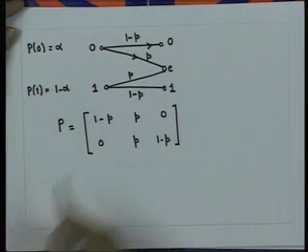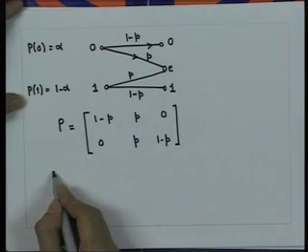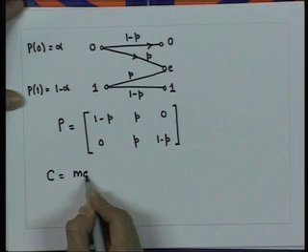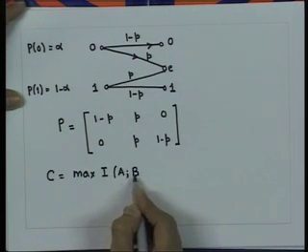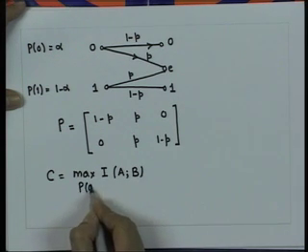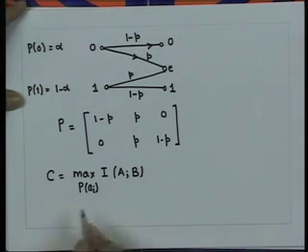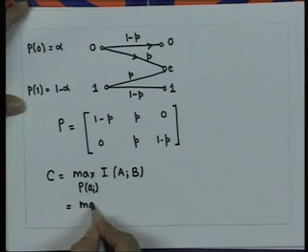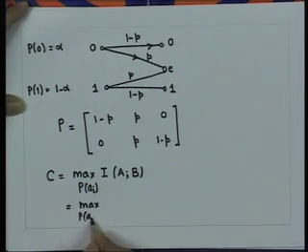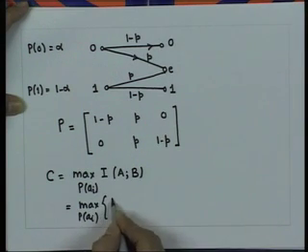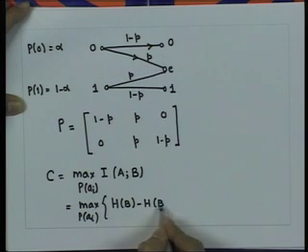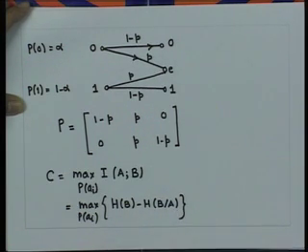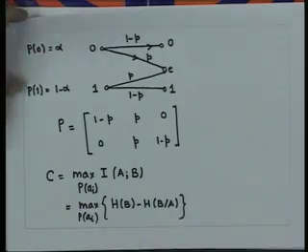So, calculation of the capacity requires calculation of the mutual information and the maximum over P(A_i). So, this is equal to the maximum over P(A_i) of H(B) minus H(B given A).